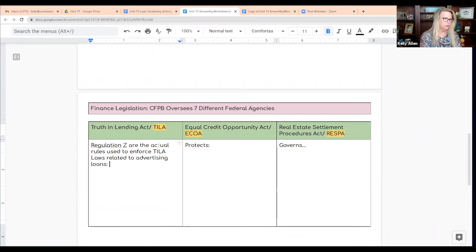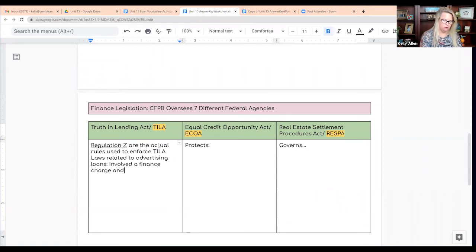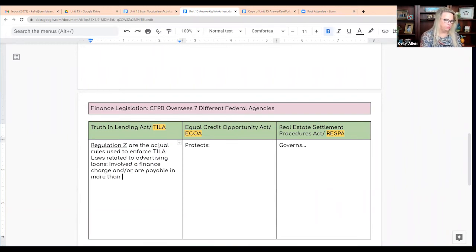So what kind of loans? Those that involve a finance charge and/or are payable in more than 4 installments.